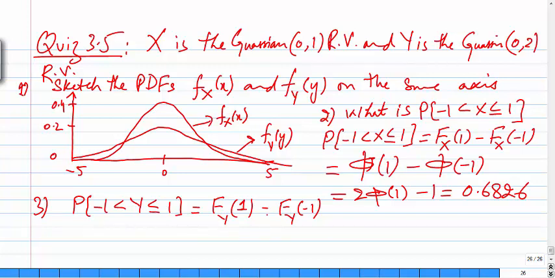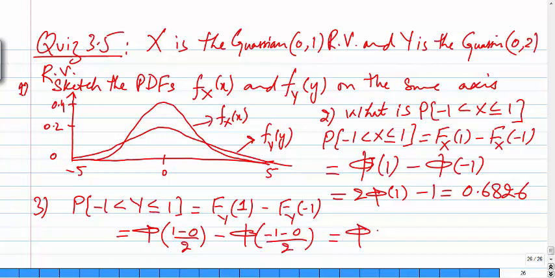It becomes phi of 1 minus mean value 0, divided by standard deviation 2, minus phi of -1 minus 0 divided by 2, so it becomes phi of 1 by 2 minus phi of -1 by 2.